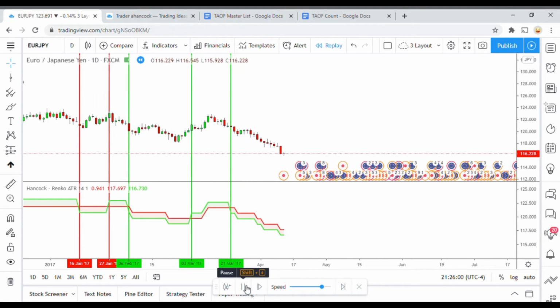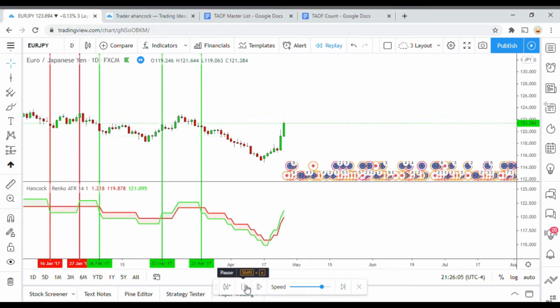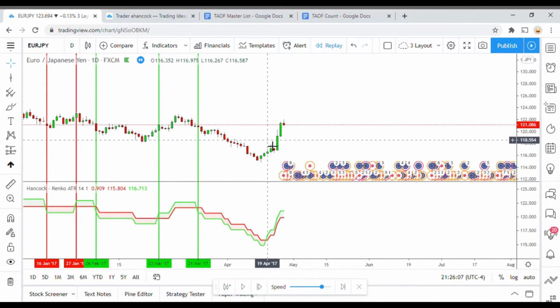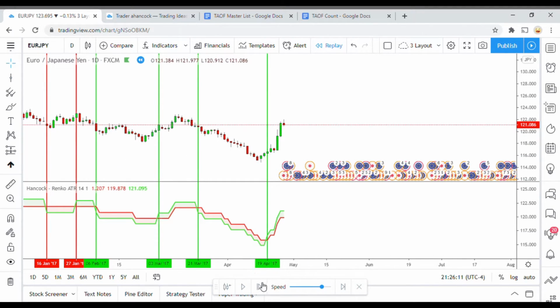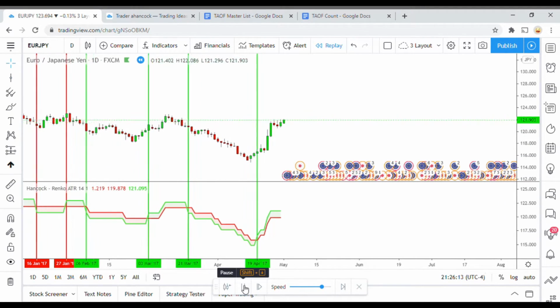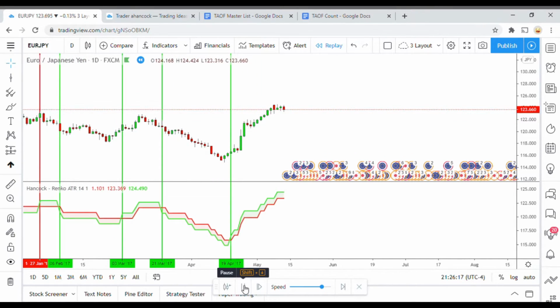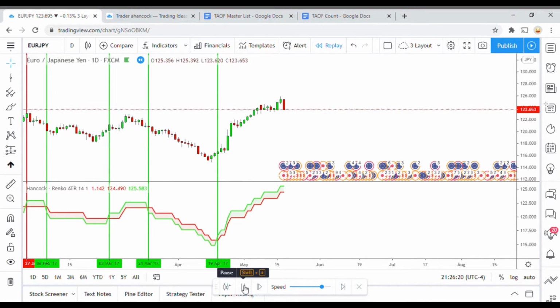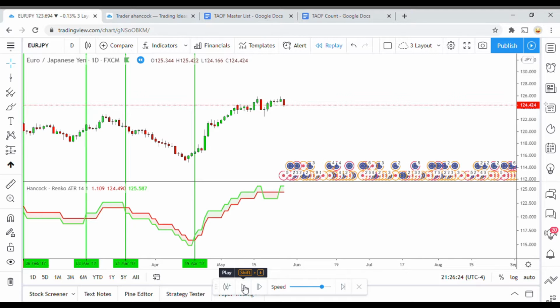Alright, so moving on now. Seems to be picking up some decent moves now. Another cross, another win. Seems to be doing all right. The beginning there, it was a little iffy.